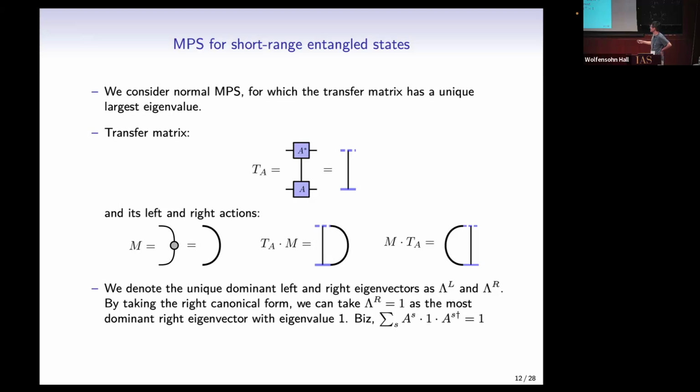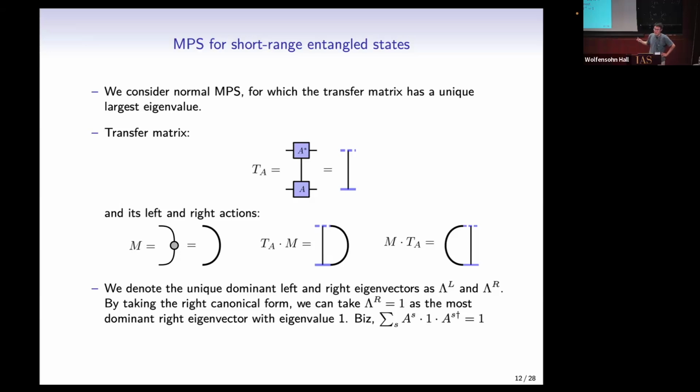Okay, and then we are talking about eigenvectors of the matrix product state. But for the type of state we are interested in, we should have one dominant left and right eigenvector, and I can normalize this eigenvector to be just one. We can go to something called the canonical form. In that case, the eigenvalue, I normalize it to be one.